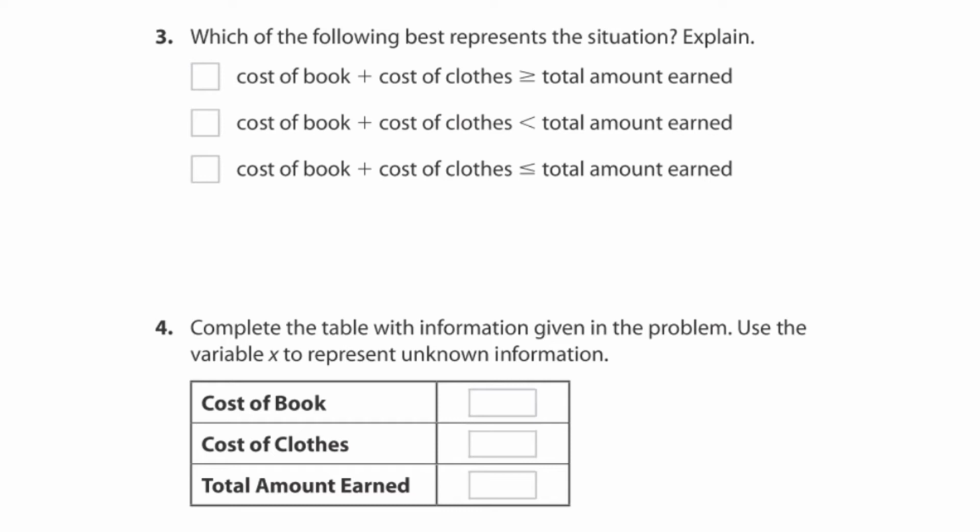So number 3 says, which of the following best represents the situation? If you notice, all of the words here are the same. The only thing that's changing in these 3 options is the inequality. So again, we know the cost of the book plus the cost of the clothes is what he's spending.